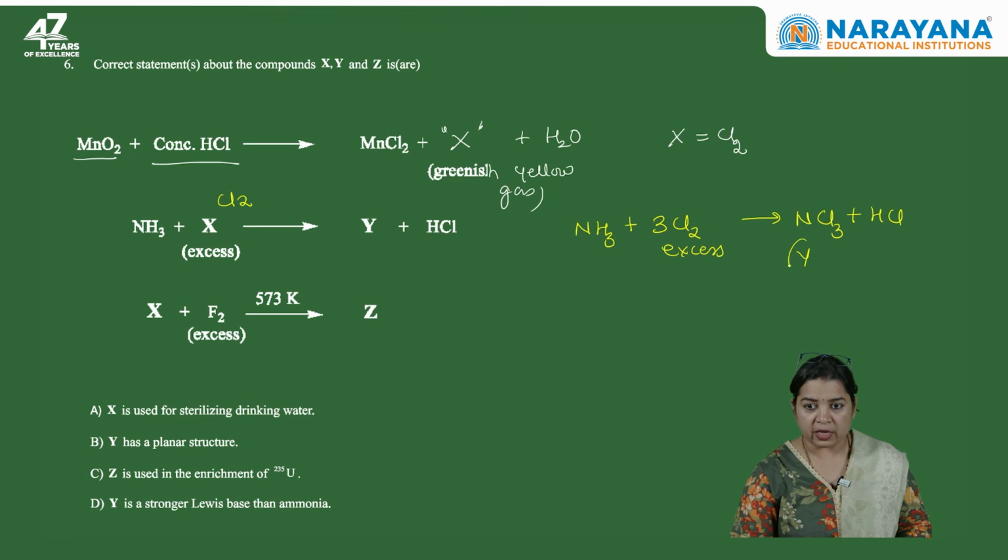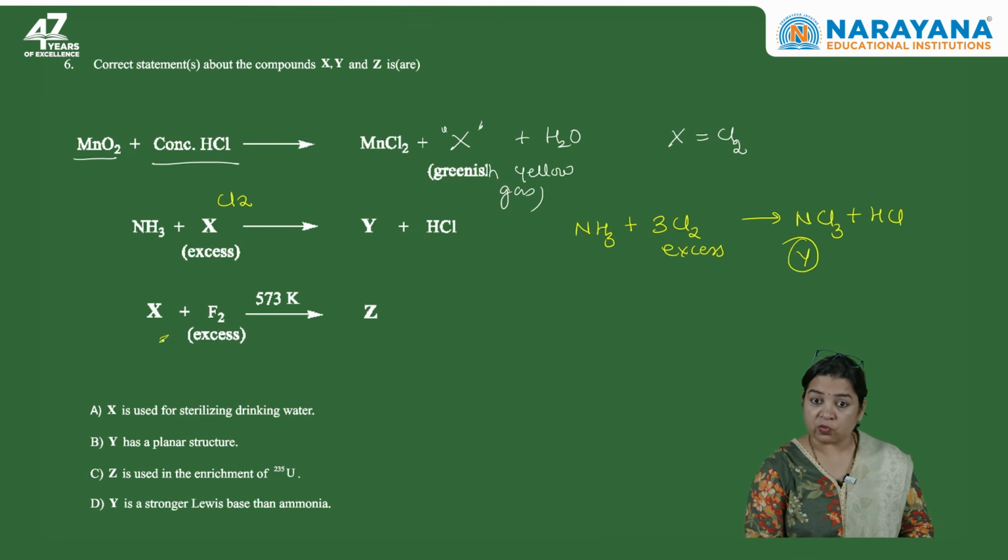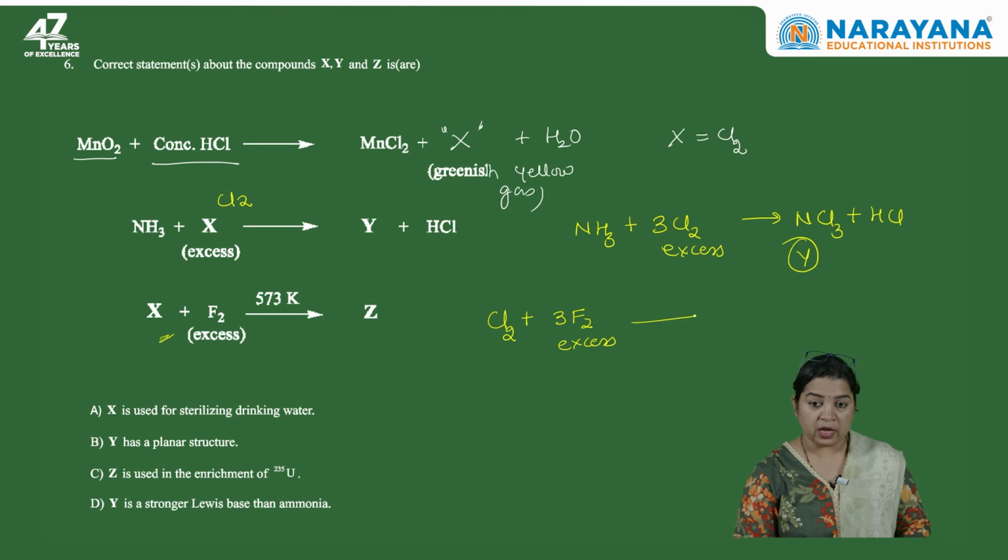Now this X, what was X? Going back, X is chlorine. Now again from the NCERT interhalogen subtopic, you will find chlorine plus fluorine, if taken in excess, 3F2, considering excess as mentioned in the question.